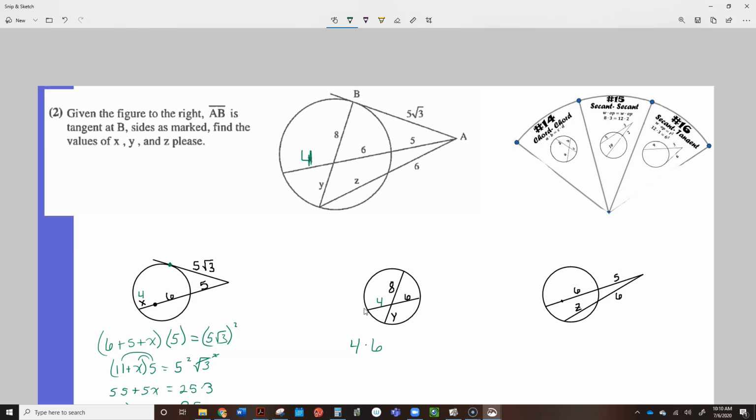This piece times this piece is going to equal 8 times y. This piece times that piece. So the pieces that make up a chord, the product of those two pieces will equal the product of any other chord. Okay, so that's 24 is equal to 8y. Divide both sides by 8, and y is equal to 3. So now I know y is 3.